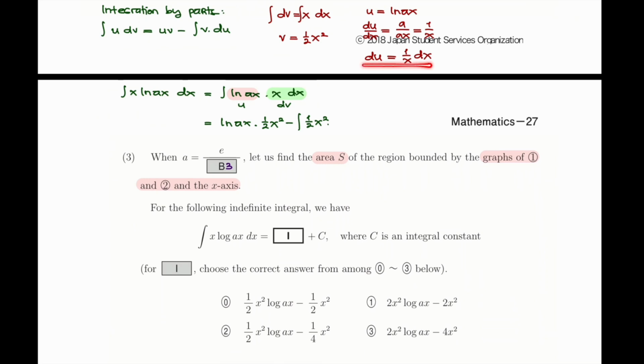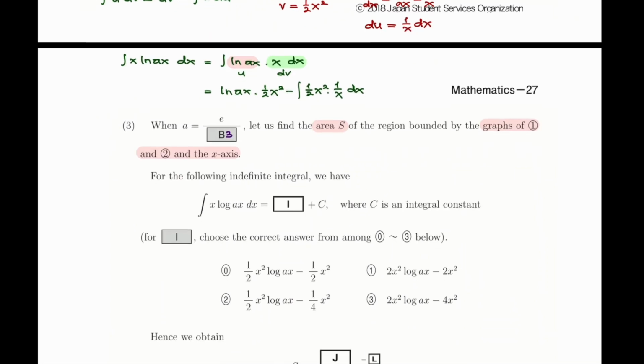This is our du. So integration of v, half x squared, times du. If we continue, I will get half x squared ln ax, cancel out one x here, and I got negative integration of half x dx.